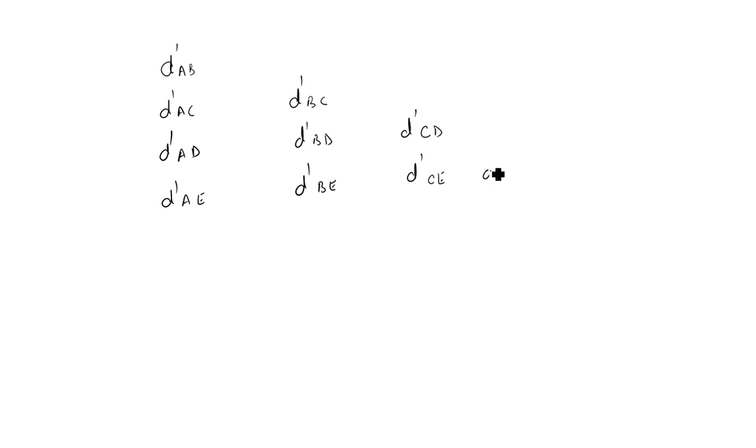You have to calculate D dash AB, which we have calculated, D dash AC, D dash AD, D dash AE, D dash BC, D dash BD, D dash BE, then D dash CD and D dash CE and D dash DE.